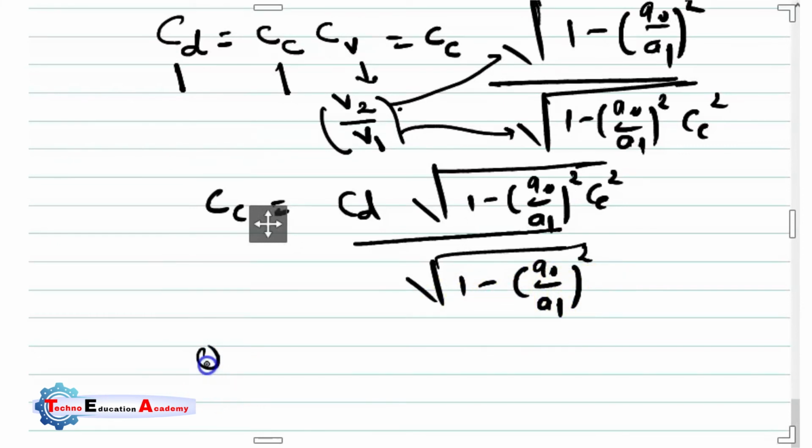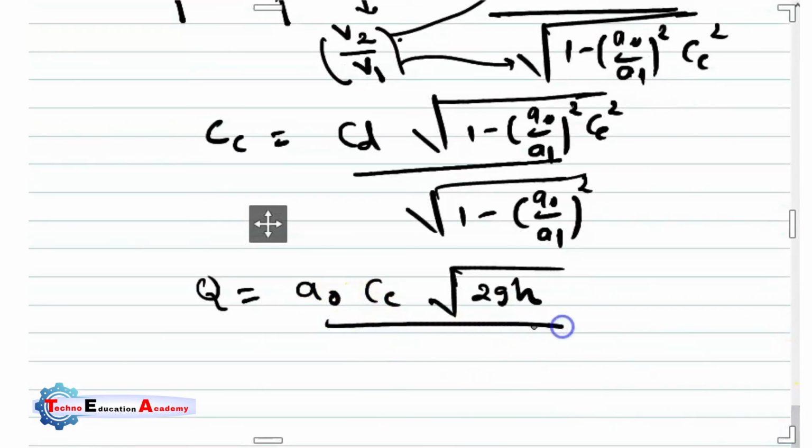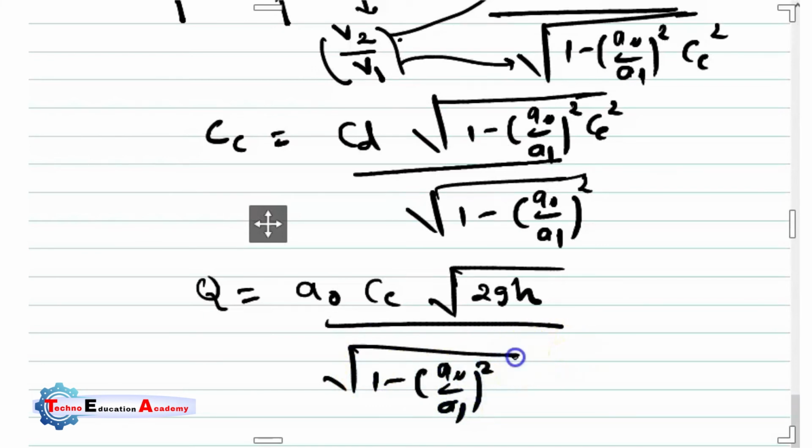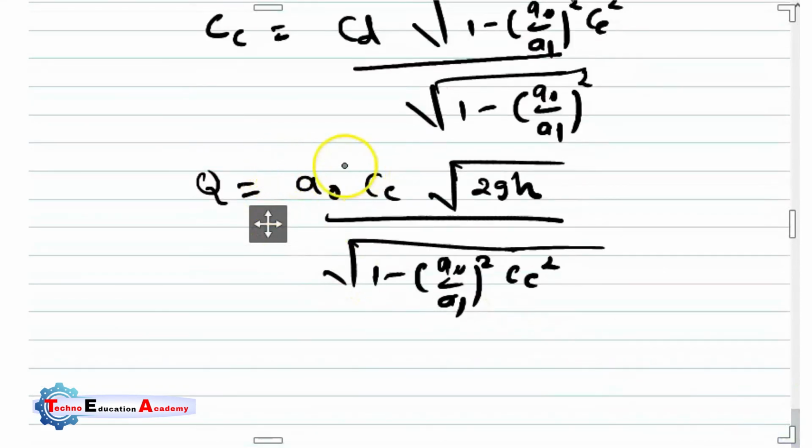Now as you know, Q is equal to A0 Cc under root 2gh divided by under root 1 minus (A0 by A1) whole square Cc square. Now put the value of CC here.